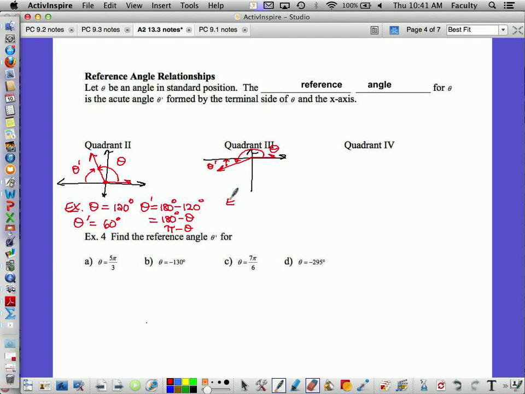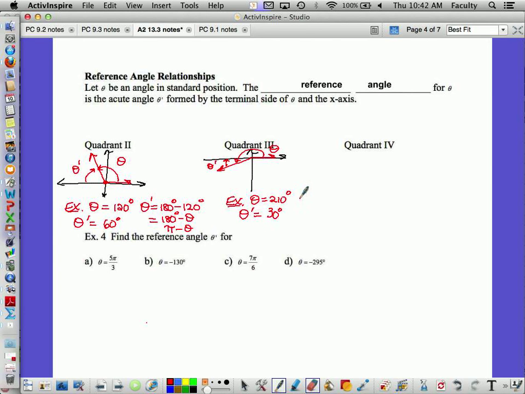So let's say I give you that theta is 210 degrees. What's theta prime? Not 50. Negative 30? Reference angles are positive. Okay. How many degrees away? Because it's a distance. It's like how far away am I from the x-axis? It's 30, correct? 180 to 210 is 30 degrees.